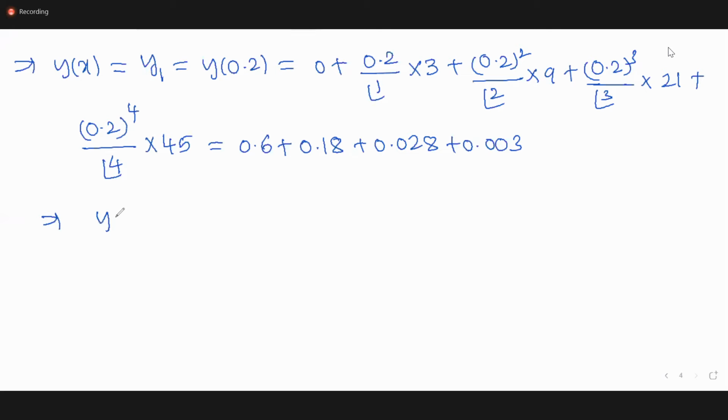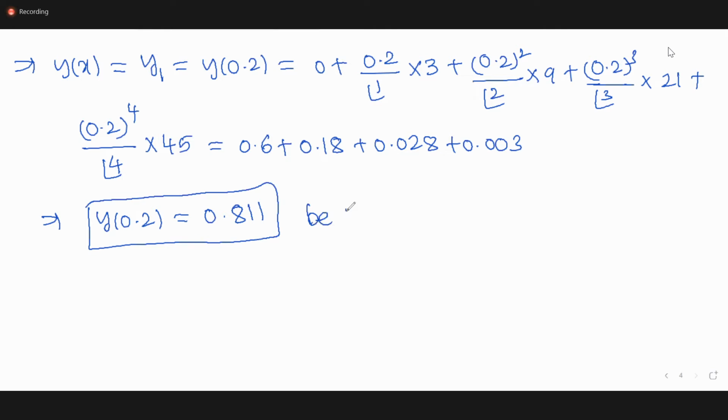So y of 0.2 is equal to 0.811, the numerical value of y at x is equal to 0.2.